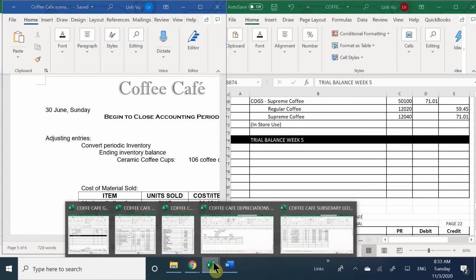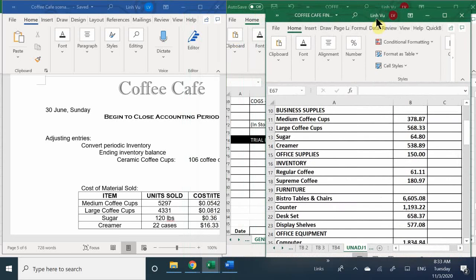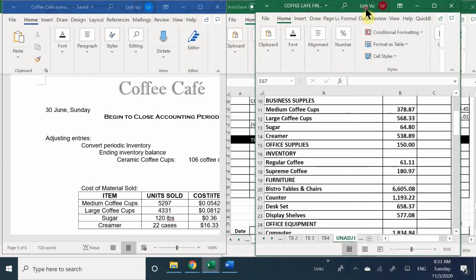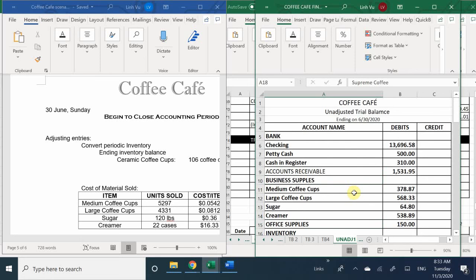So yesterday we got to finish our unadjusted trial balance, right? It was the trial balance that happens usually at the end of the month or at the end of a given period. So here we are. We just finished this, okay?